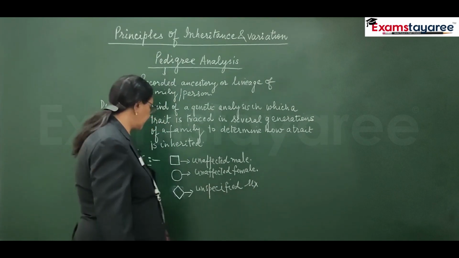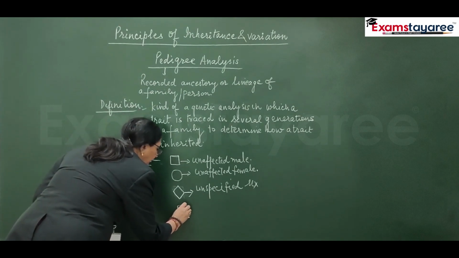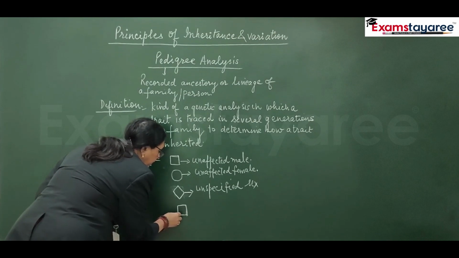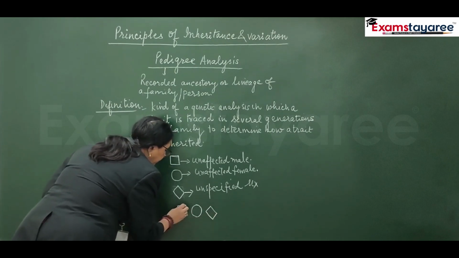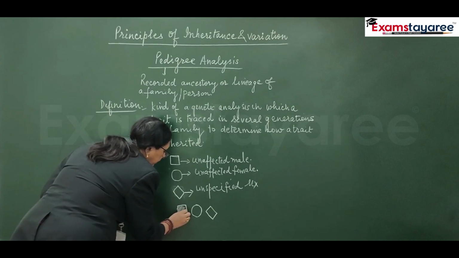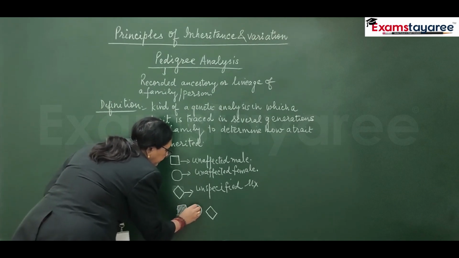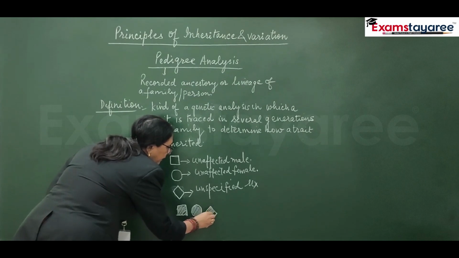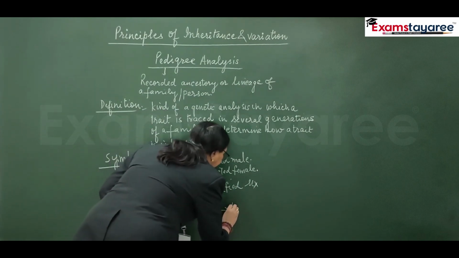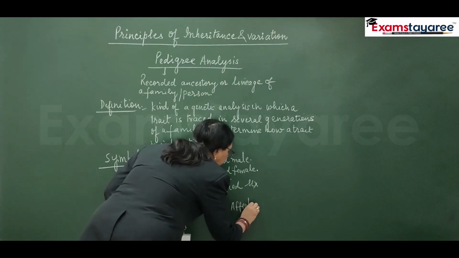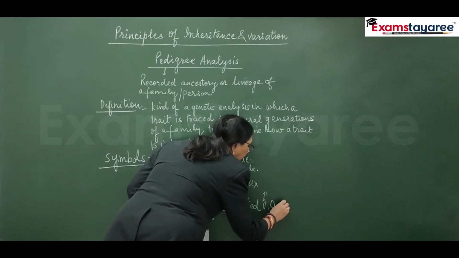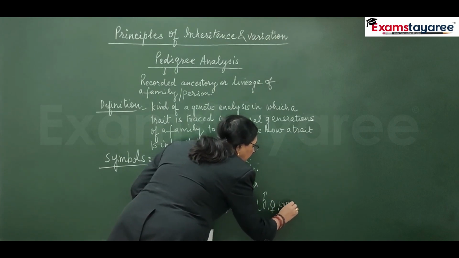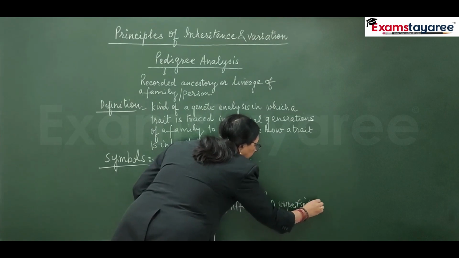So, we represent it with the help of this diamond, which denotes unspecified sex. Now, if these are shaded completely, then they are affected by the disorder or disease, whatever, affected male or female or unspecified sex respectively.